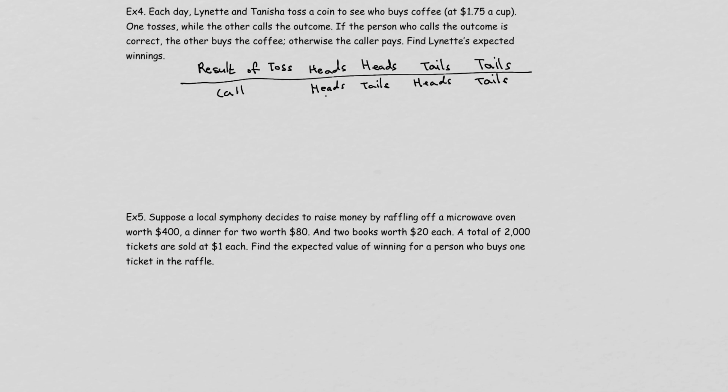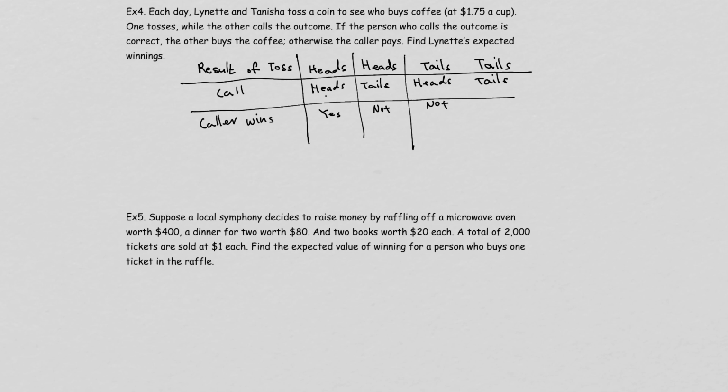So that's going to be, let's write down the other case. This is the caller, win. Head and head will be a win, yes. This is not winning. And this is not winning. Only matching wins, right? So we're trying to understand how this game works and when it's going to be winning.